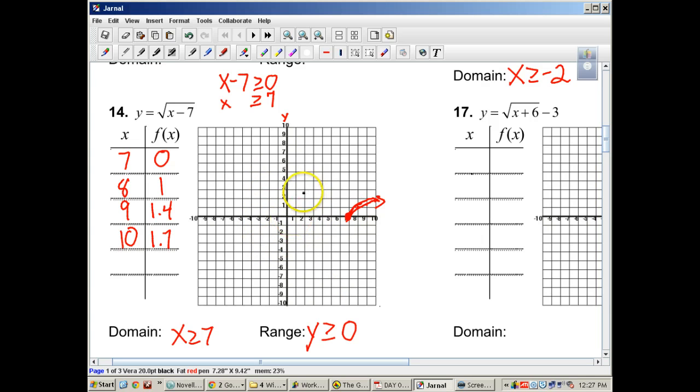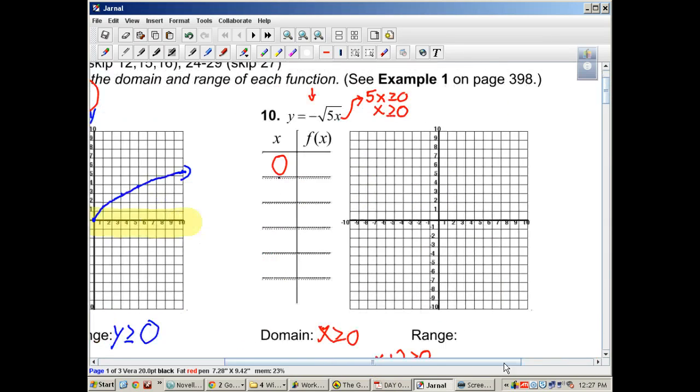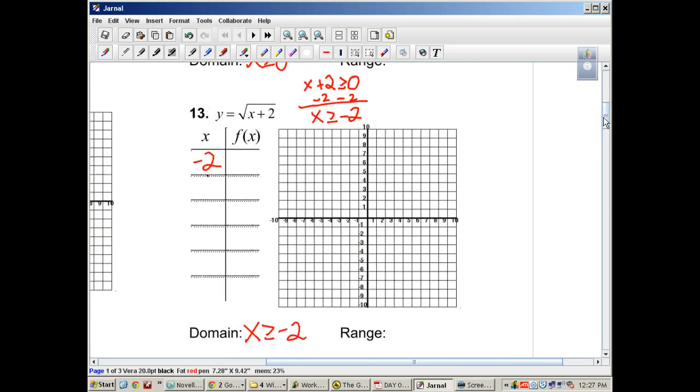Question? For number 13, since the first x is -2, don't we have to go through negative numbers for the rest of the x's, or does it just have to go up? Oh, 13. Yeah, so you're going to go up by 1 or 2. So your next number should be like -1, 0.